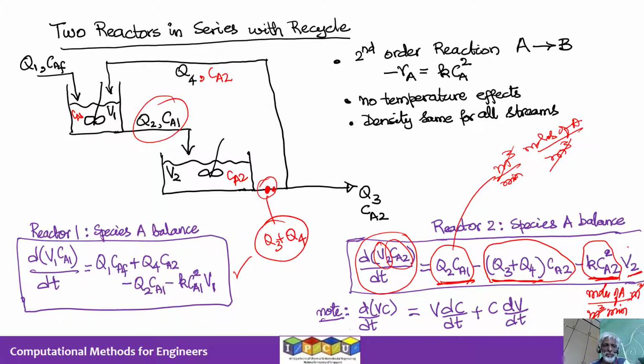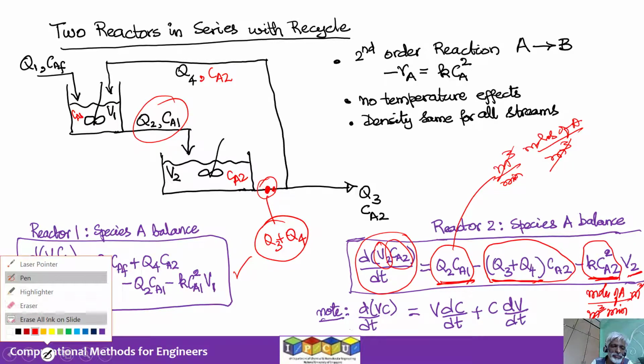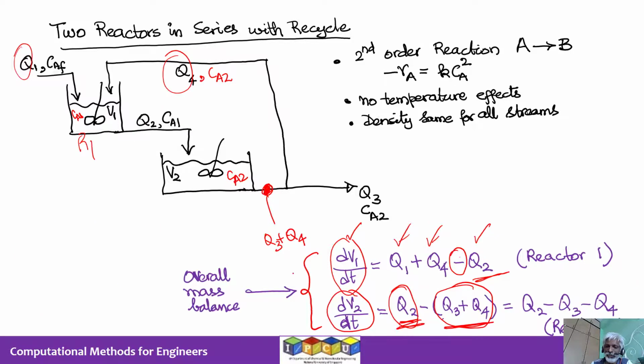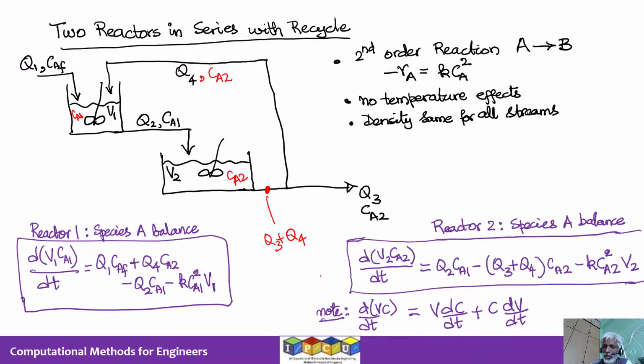You could do the same thing for the reactor 1 species A balance as well to verify whether the units are correct. So if you look at the four equations we have written, these two equations for the overall balance and these two equations for the species A balance complete the mathematical model for the system.